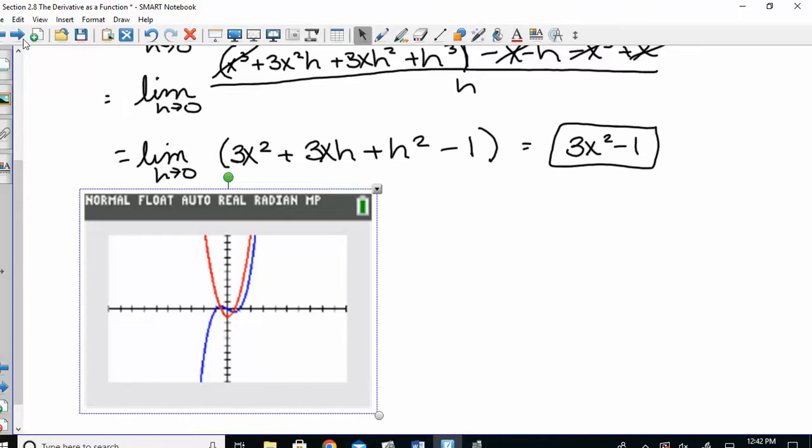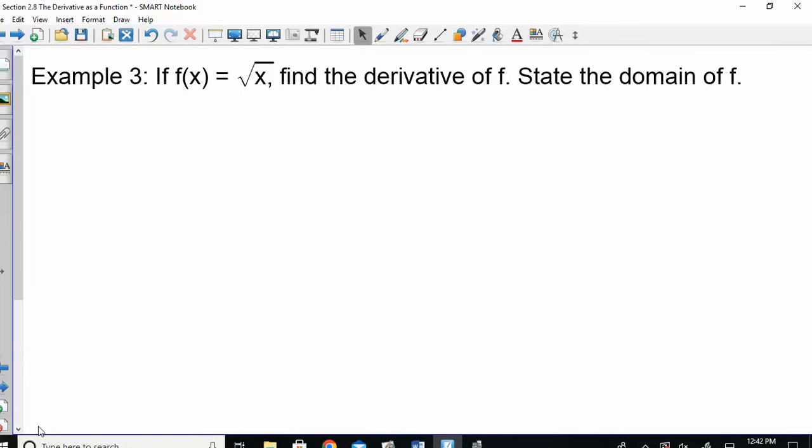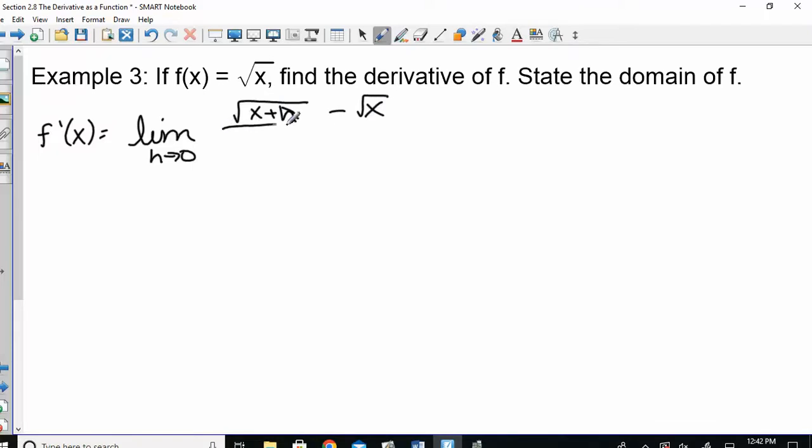All right, let's keep doing derivatives. That's the majority of what we're doing in this section, is working through those derivatives. So if my function is the square root of x, so my derivative, f prime of x, the limit as h approaches 0, f of x plus h, so the square root of x plus h, minus f of x, so the square root of x, all over h.